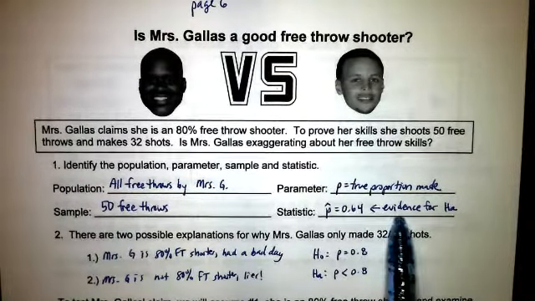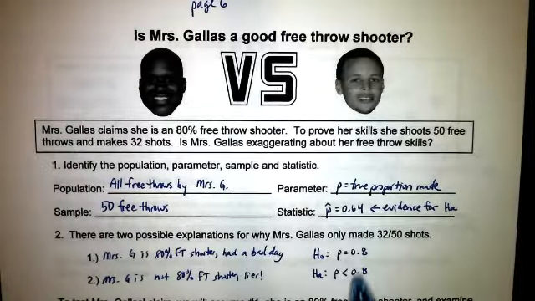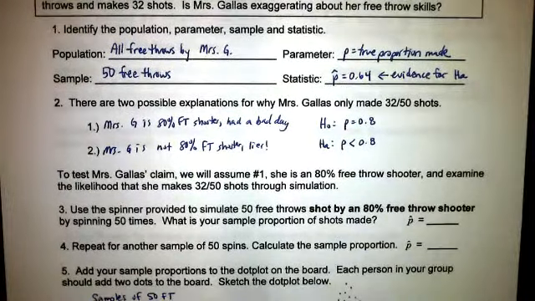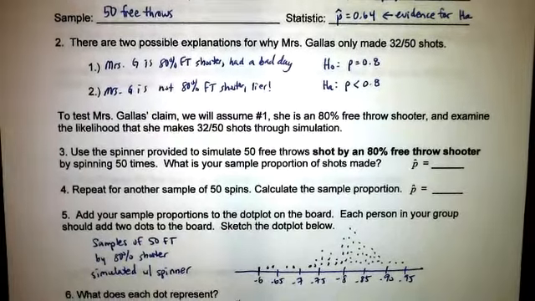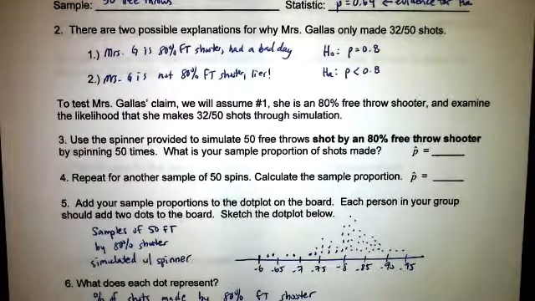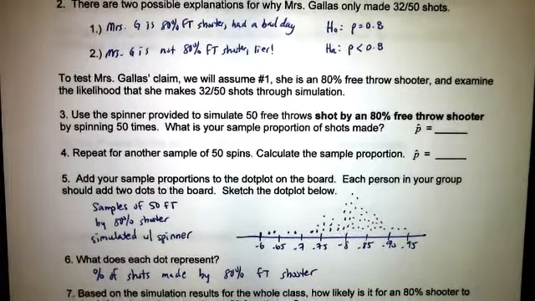In one of my classes, we made spinners, and we actually simulated this. This is not the data they got, but it was a little different, probably a little bit decently spread there. Each of those dots down here represents the percent of shots that were made by an actual 80% free throw shooter.